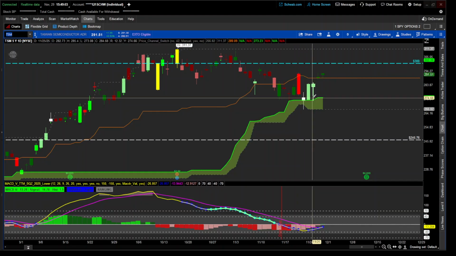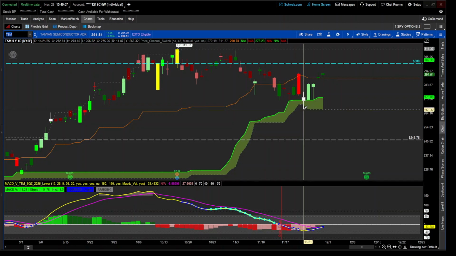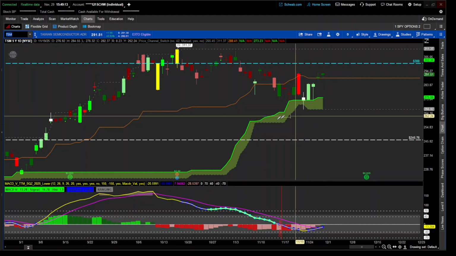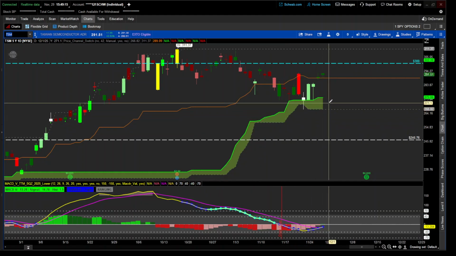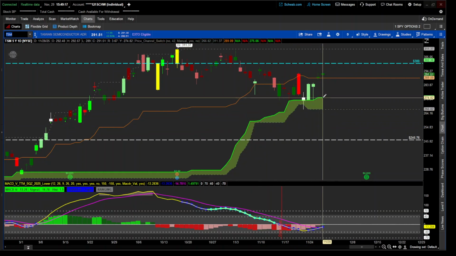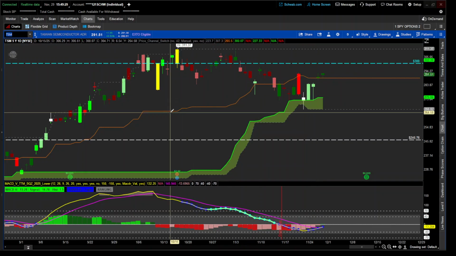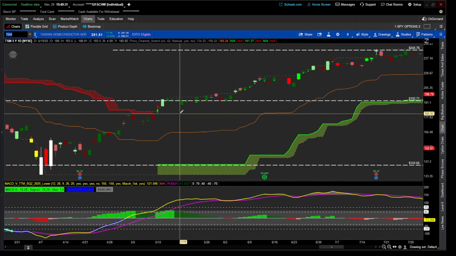But one of the reasons why this cloud is holding, even though we did get a lower low, is we did not get a lower close on average for the 42 days. That's what breaks the line. This top line right here represents our average lowest close for 42 days. And if the close actually breaks this, then this will go away and you get the red up there. Similar to here.